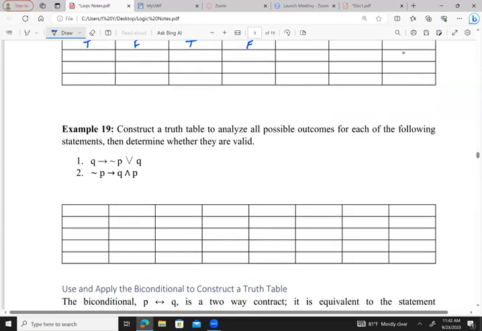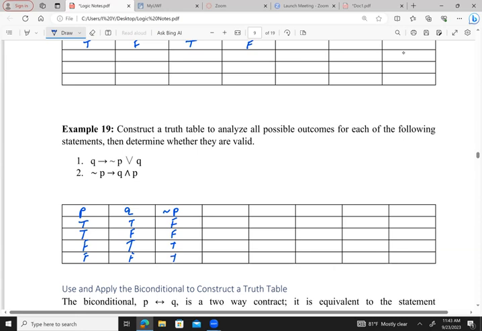So let's look at a truth table for some things here. We're going to put this all together. So what do I need? Well, I have two statements, P and Q. And we can go ahead and set up the standard true, true, false, false, true, false, true, false. Now I'm going to get ahead of myself a little bit here. I need not P. So that'd be false, false, true, true.